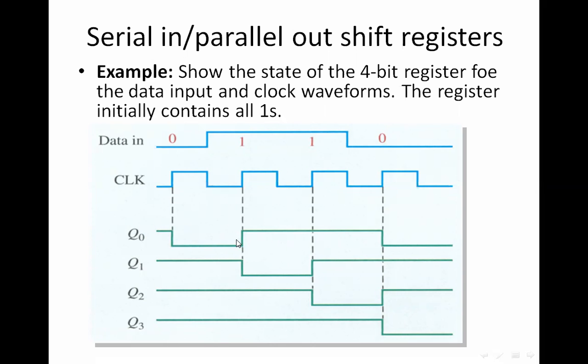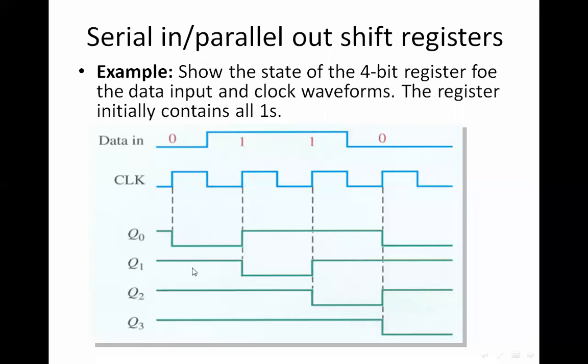So this data that you see here will be available at all the points after 4 clock cycles. That's why I have 1, 2, 3, 4 clock cycles, right? So my Q3 will have only 0, and then my Q2 will have, sorry, 1, 0, 1.